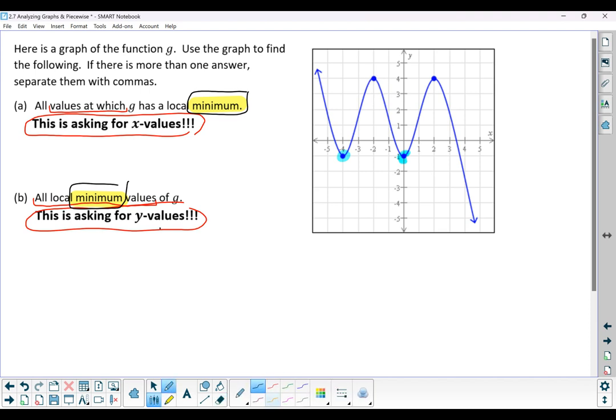So we are looking for mins. The values at which G has a local min are -4 and 0.